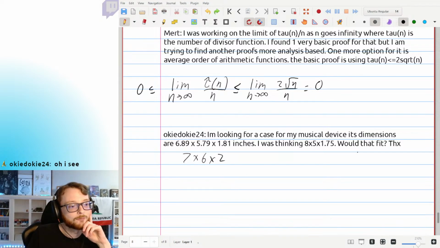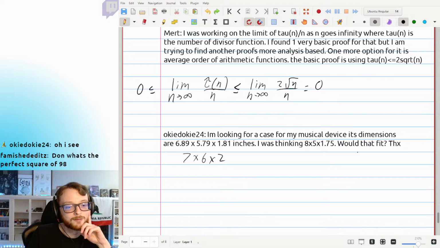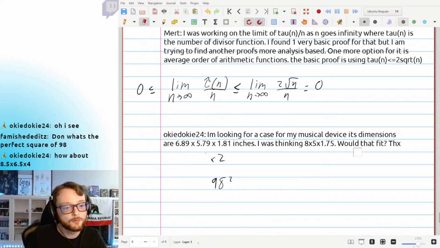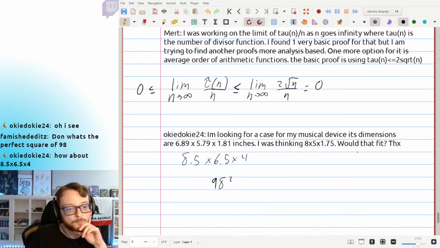The perfect square of 98. You're asking about 8.5, 6.5 by 4. Yeah, that looks good. This case is bigger. Each of these dimensions are bigger than the corresponding ones.